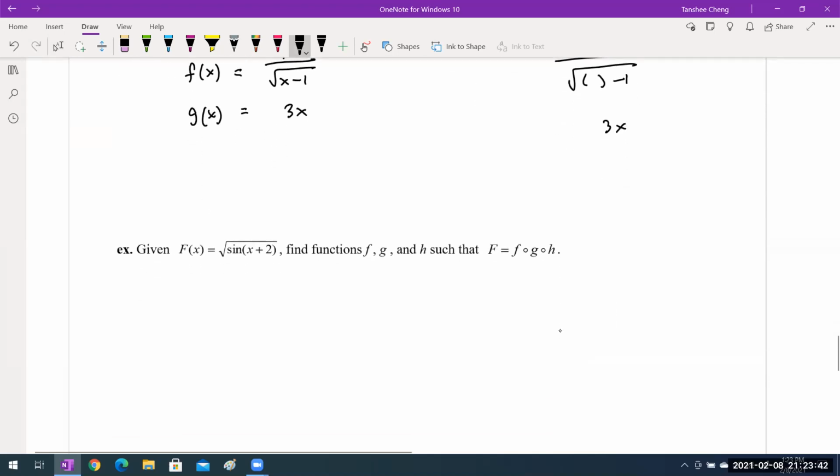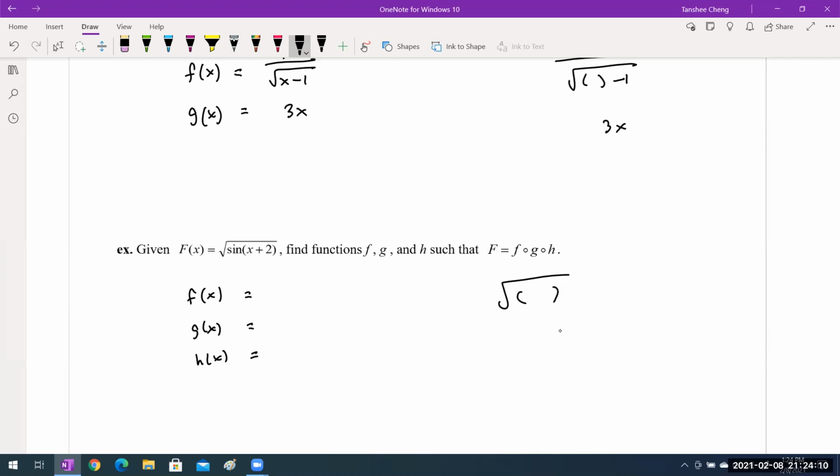And the next example, f of x is square root of sine of x plus 2. And we want to write this uppercase F function as f of x, g of x, h of x, which is f composed g composed h. So in this case, the most outer function, what I see is square root of input.